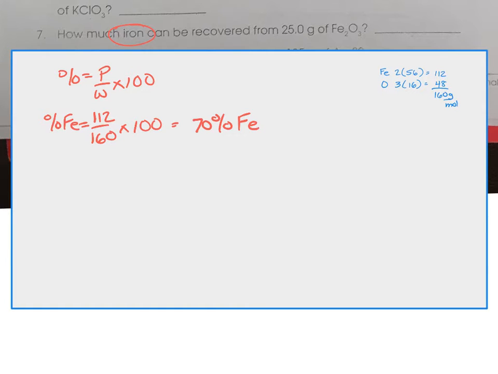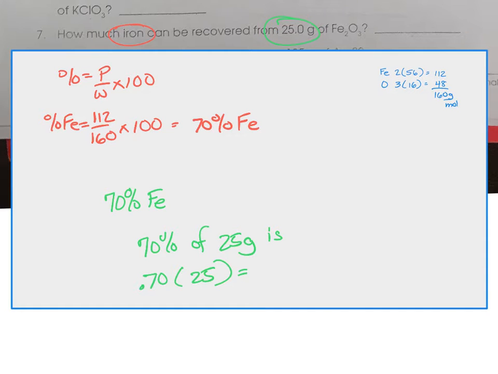Well, if 70% of your sample is iron, then if I have a sample size of 25 grams, 70% of 25 grams is how much iron I'm going to have. So I'm going to do 0.70 times 25 equals 17.5 grams of iron.